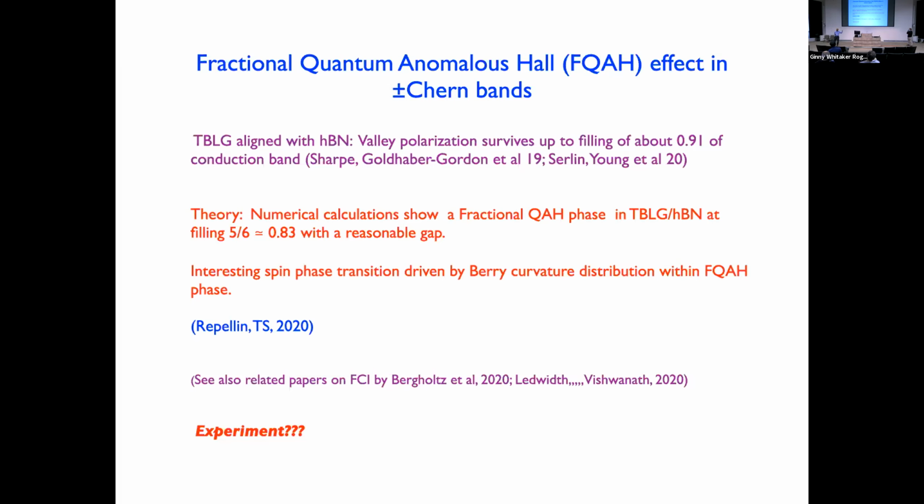But in that range, we also looked at another filling. I forget now, it was close to 0.91, it's like 0.89. There's some rational fraction that I'm forgetting. That also we found was a fractional Chern insulator, but the gap is smaller, close to the edge of where valley polarization was observed in this device.